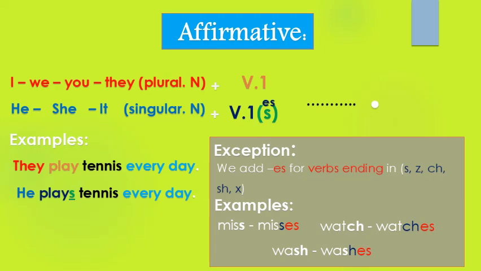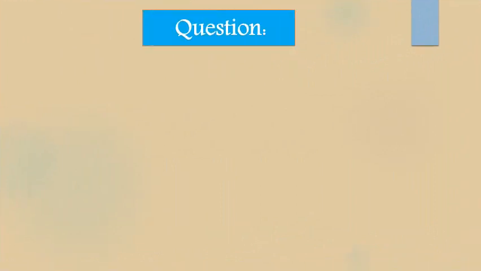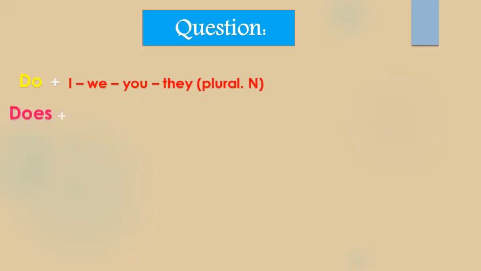Okay guys, now let's move to the question form. So here we add do for I, we, you, they or any plural noun, and does for the singular he, she, it or any singular noun.